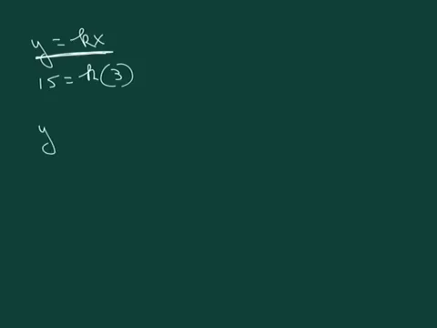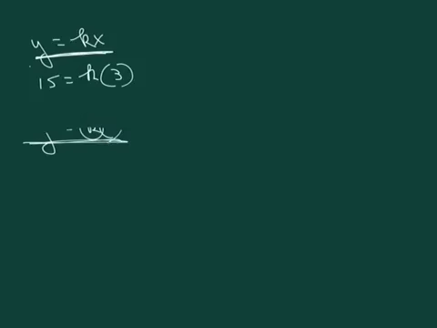So find y when x is 4. Problem right here. There's what we're trying to find. I have two variables, right? I can't have two variables in one equation. I can only have one variable in an equation. And that's why I say we're going to find k first and then go from there.